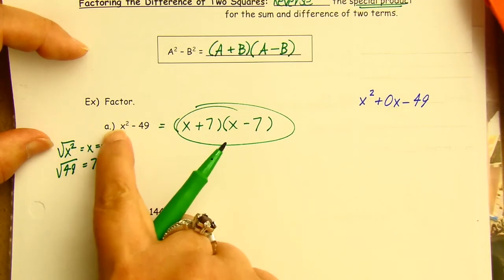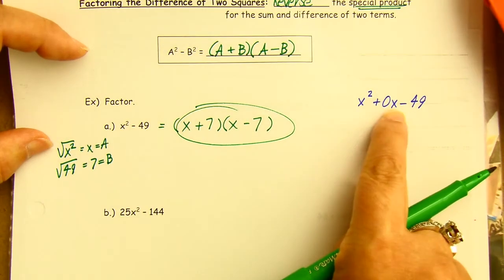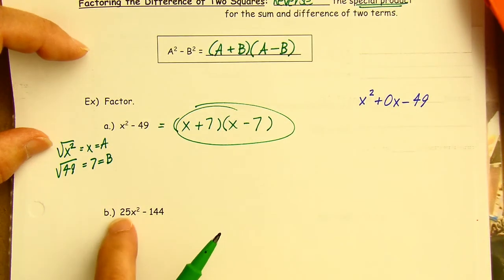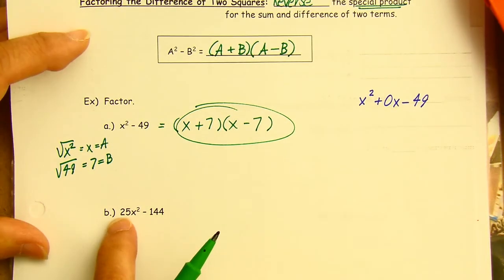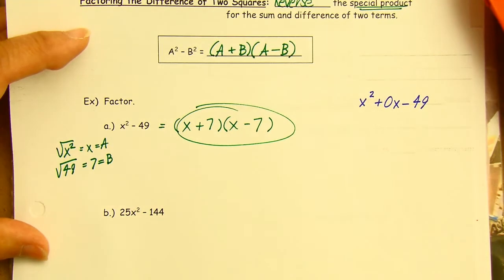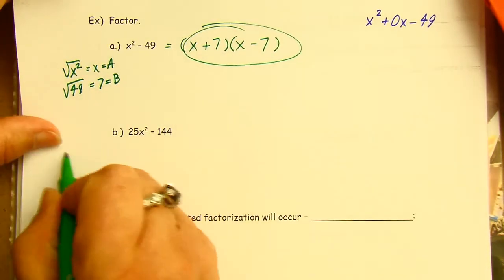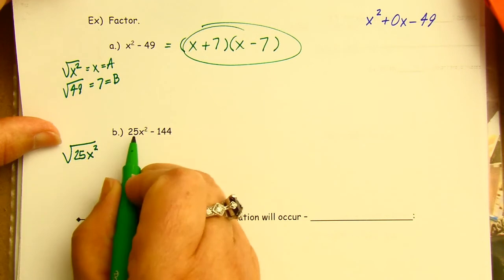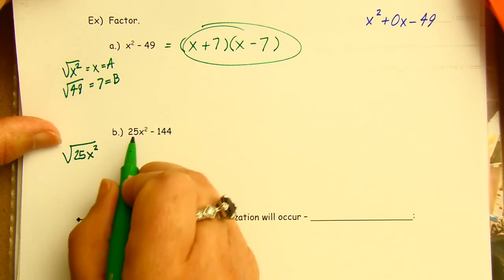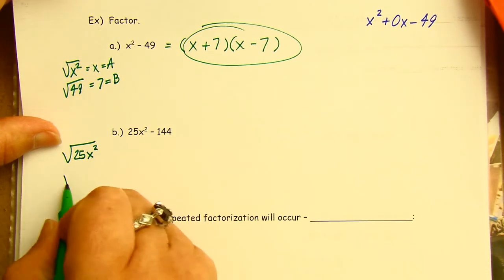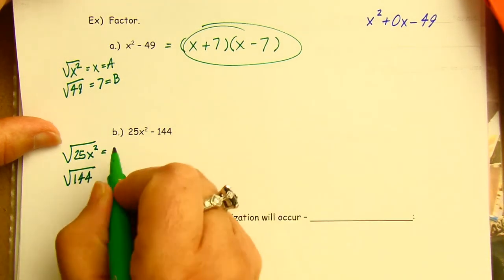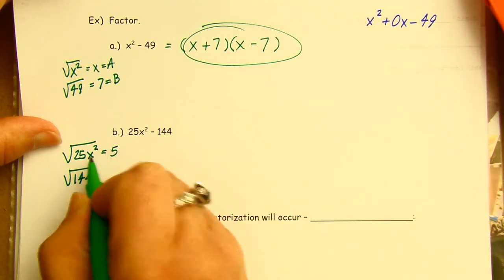Now, if the leading coefficient is a 1, this works out pretty well. If the leading coefficient is bigger than 1, then you're going to have a trinomial where the a is bigger than 1, so it's a little bit more work to do. So really, square rooting for these guys that have a coefficient larger than 1 for your quadratic term really helps, because here my a is the square root of 25, which is 5, and the square root of x squared is x.